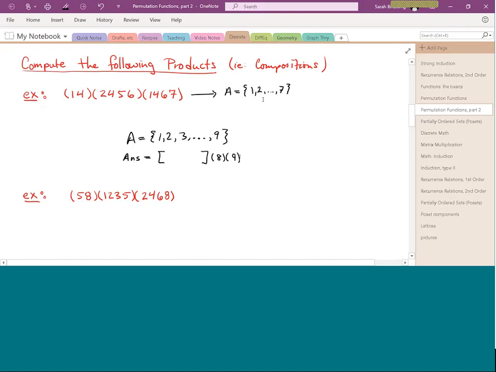When I make these problems, and I realize that in homework I don't actually make them, I'm pulling them from the book or another resource, sometimes they will give you what the building set is, this A, and sometimes they will not. So this is the strategy if you're not given what that building set is. Okay.